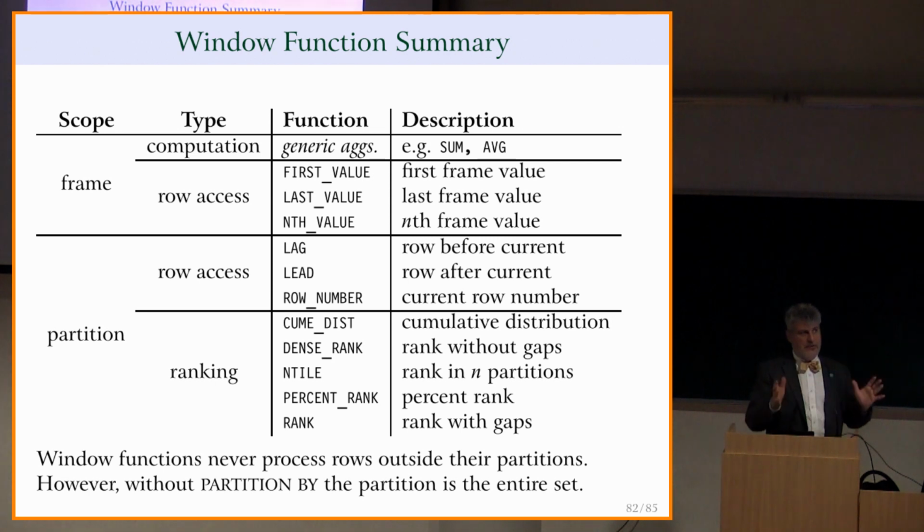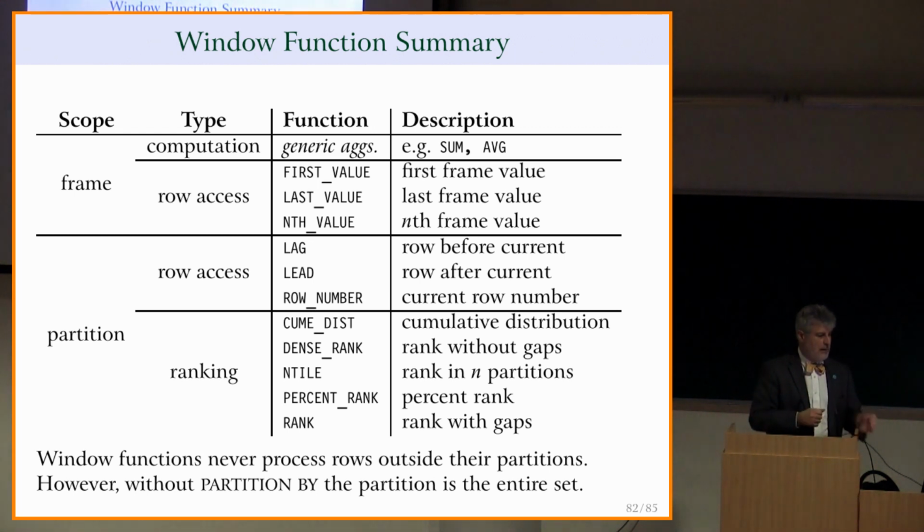So this is a summarization of the things that we've seen so far. Keep in mind that the first group operate on frames. That means that when you specify rows mode, range mode, unbounded preceding, unbounded following, current row, those functions are all going to be affected by the frame that you define.